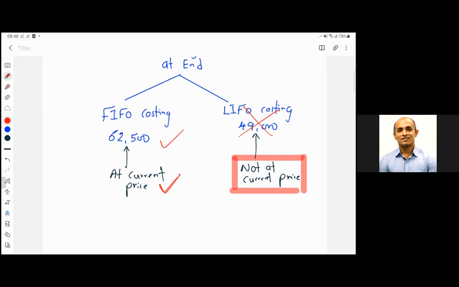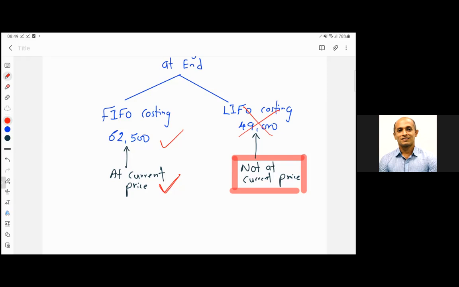Then you have to be very careful about the costing. If your company follows FIFO, the issue is with profit. Your profit may have been overstated by inventory holding gains. But if the company follows LIFO, the profit value is all right, but you have to be very careful about the inventory value.